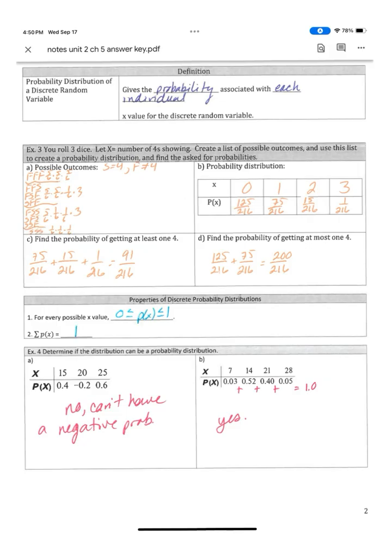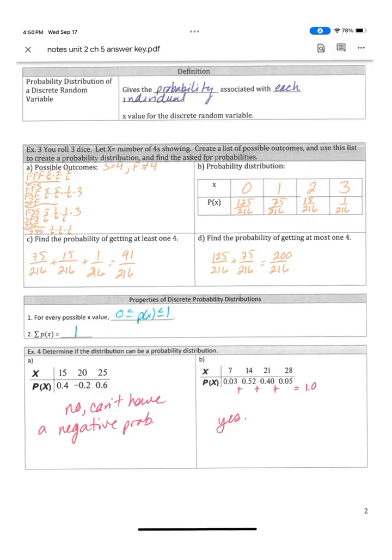All right, so the probability distribution of a discrete random variable gives the probability associated with each individual x value. In example 3, we're going to roll 3 dice, and x is the number of 4s that are showing. So we want to list all the possible outcomes, find those probabilities, create a probability distribution, and then use it to answer some questions. For possible outcomes, S I'm using for success, that's I see a 4.